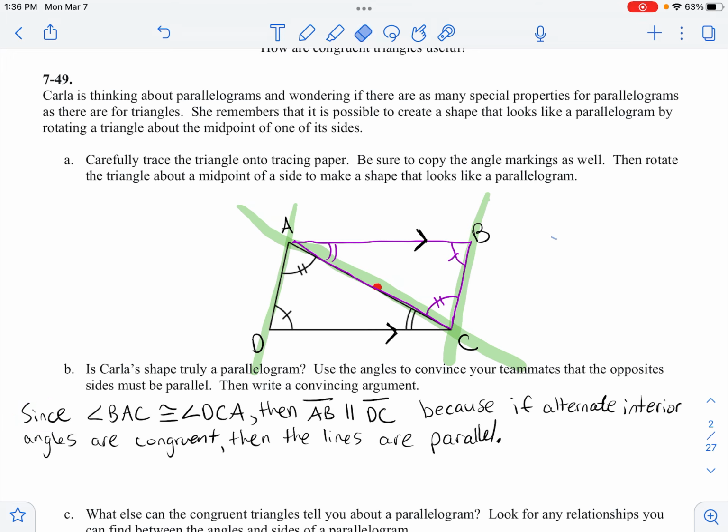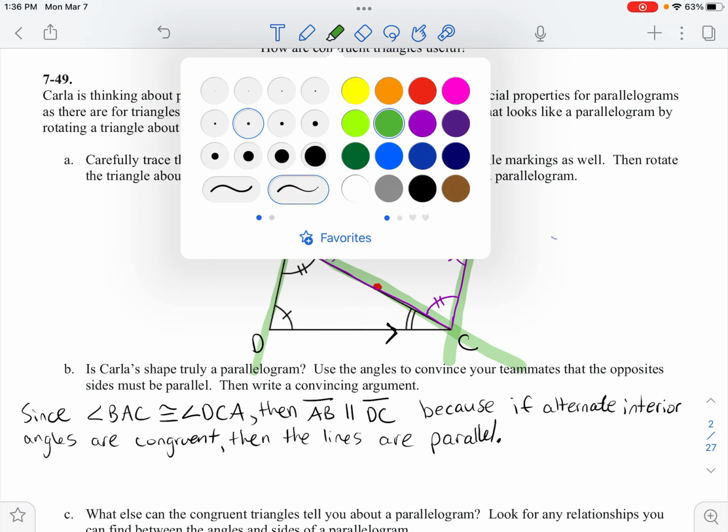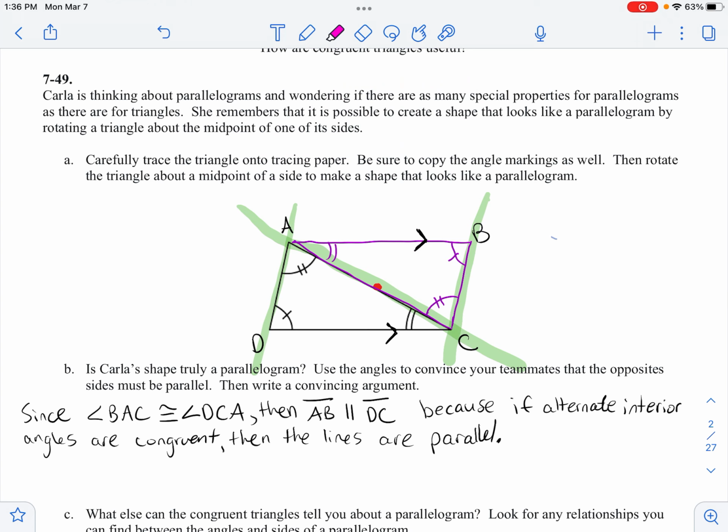And now we can say something similar, but this time our alternate interior angles are different. The first alternate interior angle for these green lines would be angle DAC and angle BCA. So we can actually say the same thing.